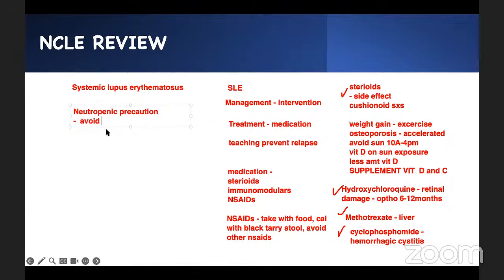Avoid live vaccines as much as possible. What else should they have to do? Avoid sick contact, right? Avoid sick contact as much as possible. That's what you're going to tell them. You're also going to tell them, like, don't drink from water fountains, right?